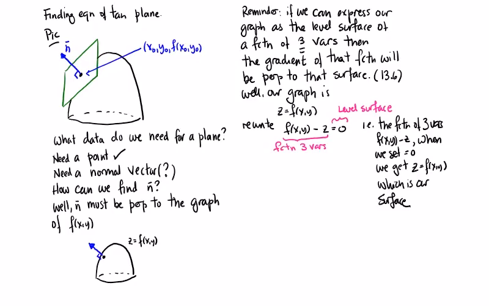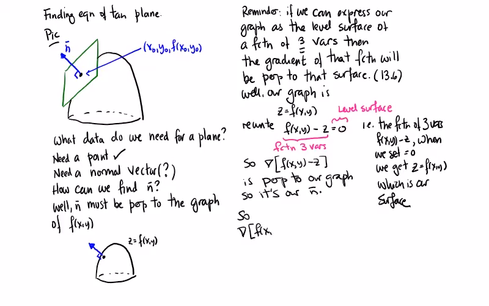So what that means is I can take the gradient of that function of 3 variables, and that gradient is perpendicular to our surface. So it's our normal vector. So let's find that gradient.